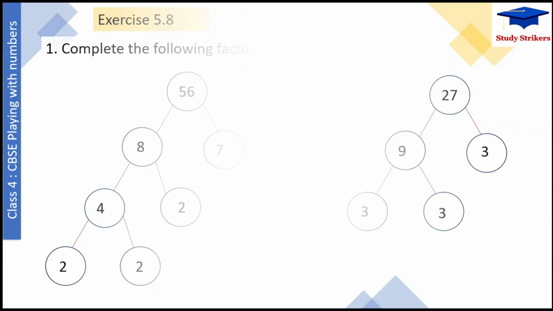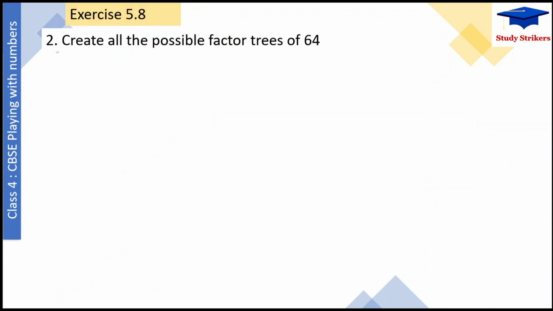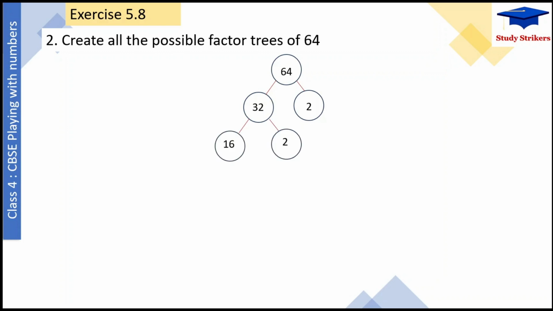Now we have to move towards the next problem, that is, we have to create all the possible factor trees of 64. So here first we will start dividing 64 by 2. So we will get here 32 and 2. Now we cannot further divide 2 into multiple factors, so we will move towards the next. 32 will be divided into 2 and 16.